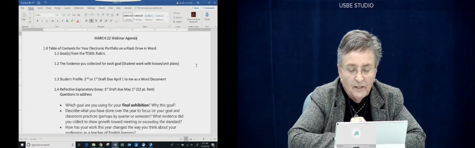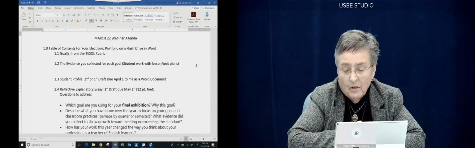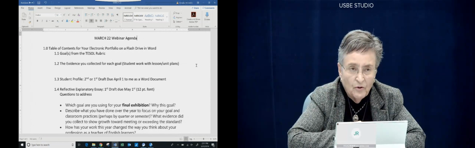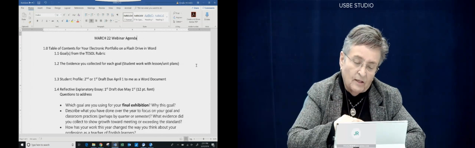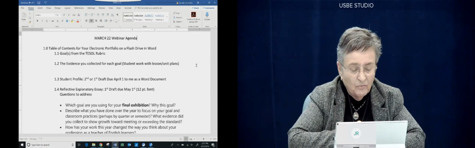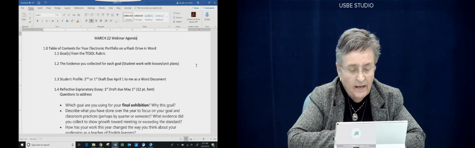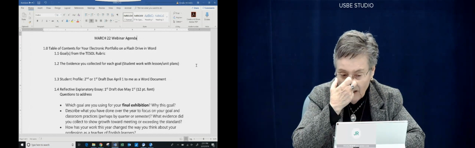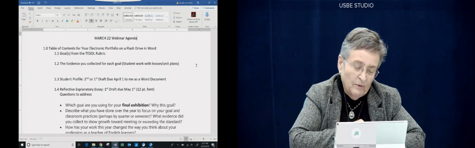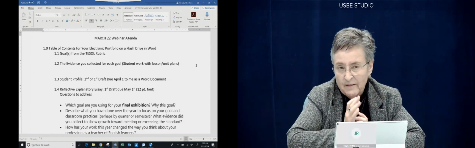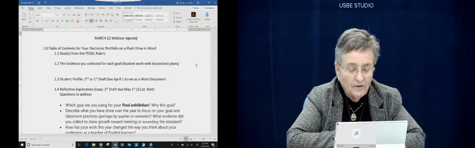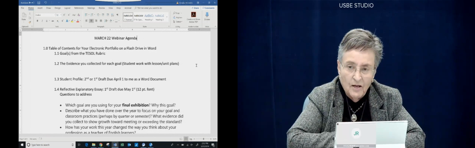Then the evidence that you collected for each goal, which would be student work with your lesson and your unit plans. So whatever your goal was and whatever evidence you're using. For me, that would be the redesign of the self-evaluation tool, as well as the classroom observation tool and the application for funding, and a sample of the finalized report that's uploaded into the grants management system, and then the template for the response of the LEAs in relationship to the recommendations that are divided in two parts.